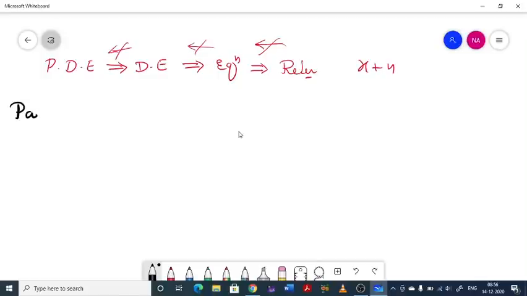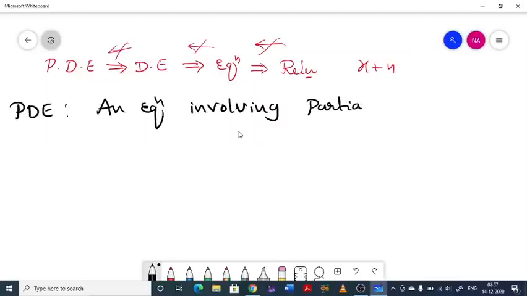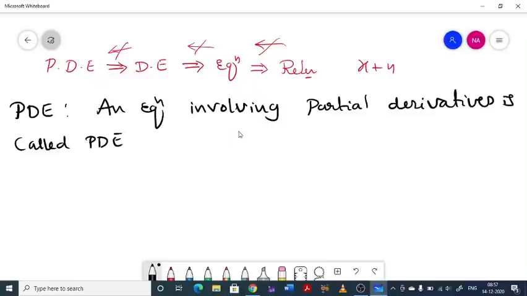Next, come to partial differential equation. Now I'll just concentrate on partial differential equation. PDE: an equation involving partial derivatives is called a partial differential equation.